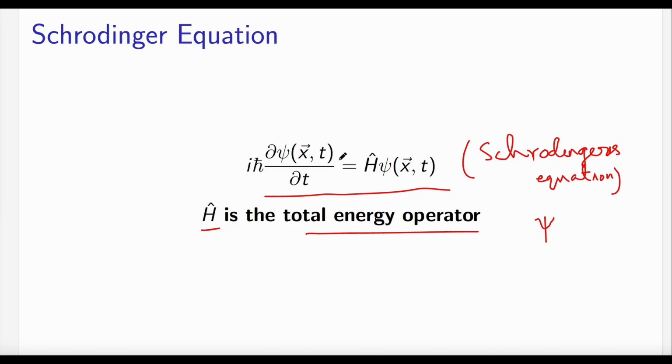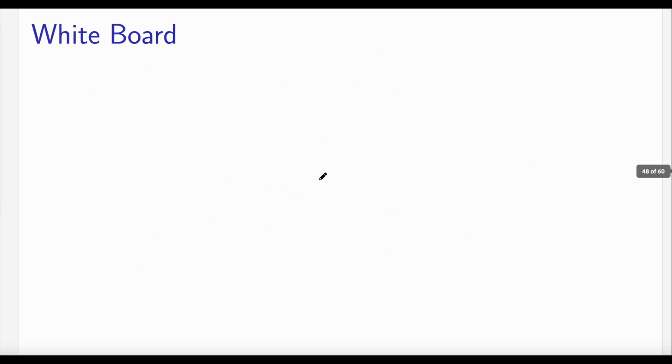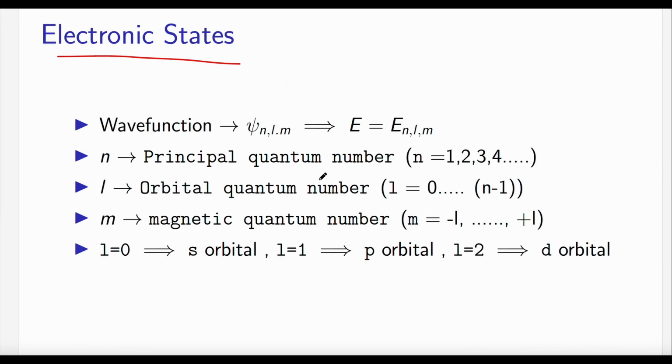Solving the Schrodinger's equation for the hydrogen atom, the nature of the wave function is like this. Okay. So this is the wave function.